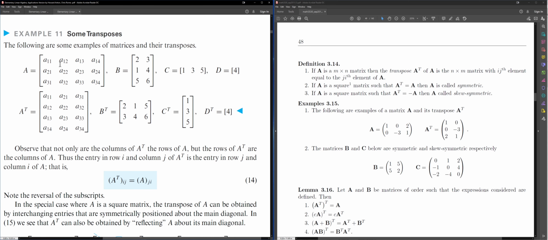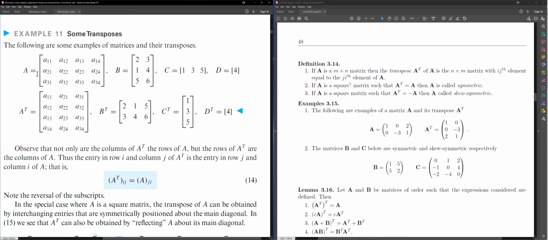So here are some examples of different matrices A, B, C, and D, and these are the transposes in the second row. I have this matrix A over here. Notice this matrix is a 3 by 4 matrix, so it has 3 rows and 4 columns. It's m by n, where m is equal to 3 and n is equal to 4.